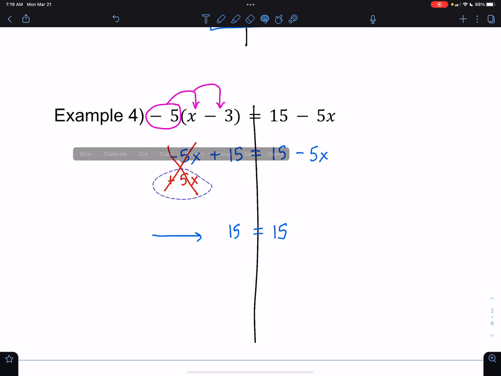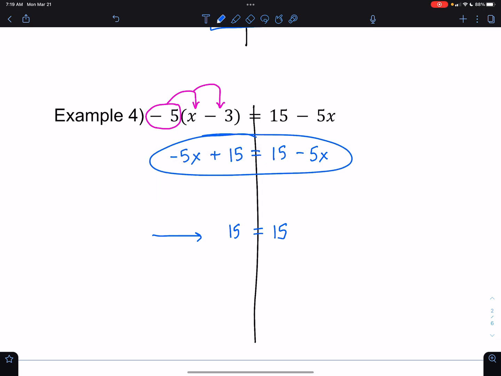So if you look at this statement right here, we have a minus 5x and a plus 15, and a minus 5x and a positive 15. The left side of this equation and the right side of this equation are exactly the same.